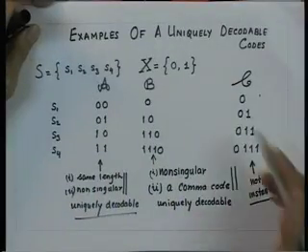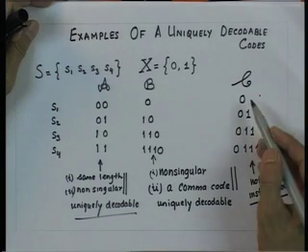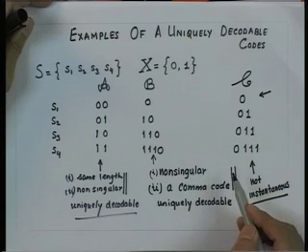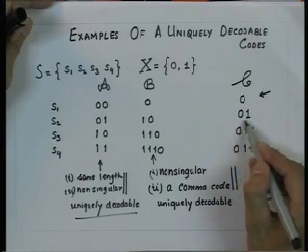Now, if you take the example which we had considered, you will find that code C does not satisfy the prefix condition, because the code word corresponding to the symbol S1 forms a prefix to the code word of S2.